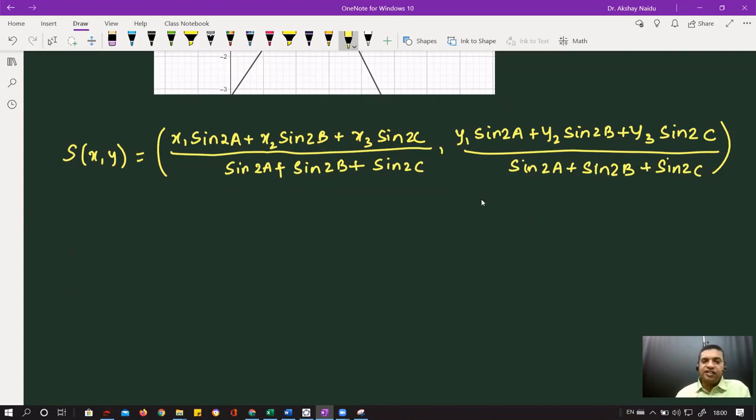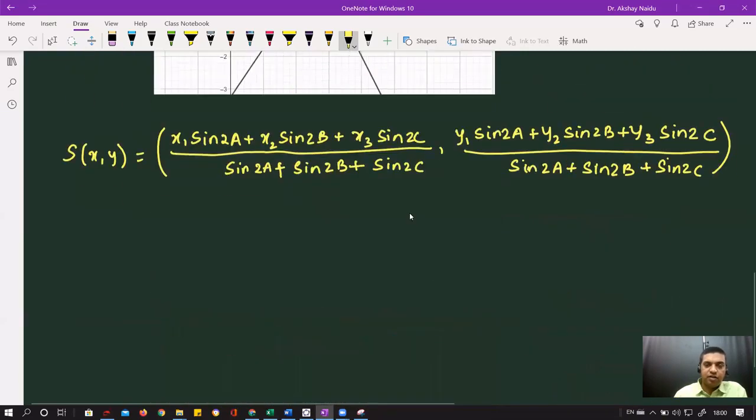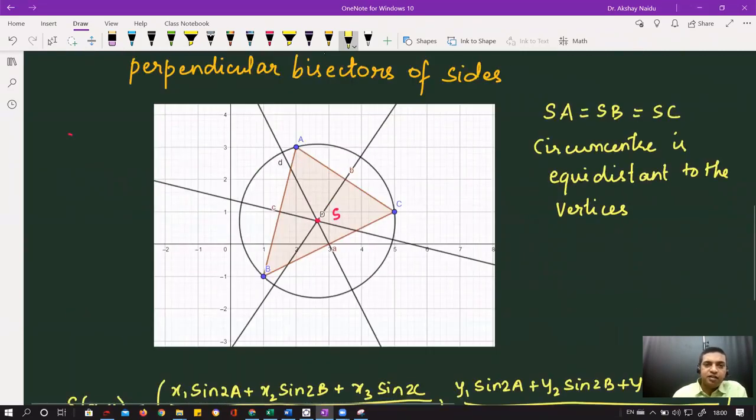What are these A, B, C? These are angles. Let's go back to the triangle, or I'll draw, yeah, I'll show this. This is angle A. This is angle B. And this is angle C.